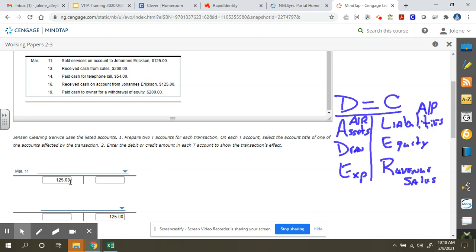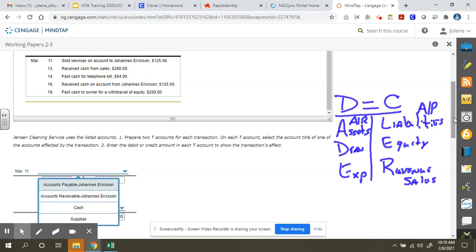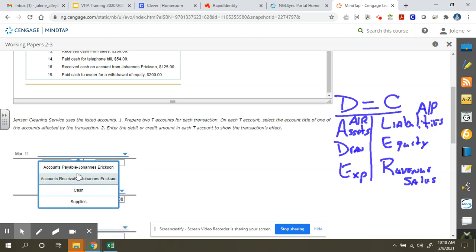Now we've got to figure out which one goes where, which accounts. Lucky for you, the system gives you only 4 choices for the debit account. You've got accounts payable, Johan. You've got accounts receivable, Johan. You've got cash and you've got supplies.